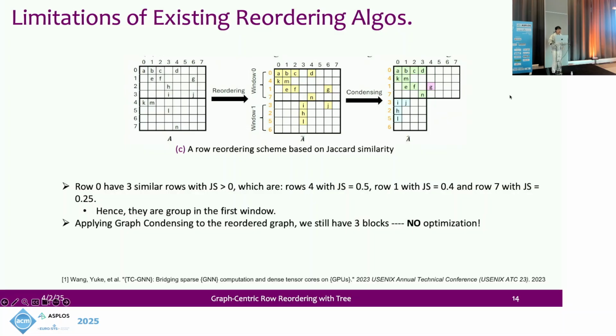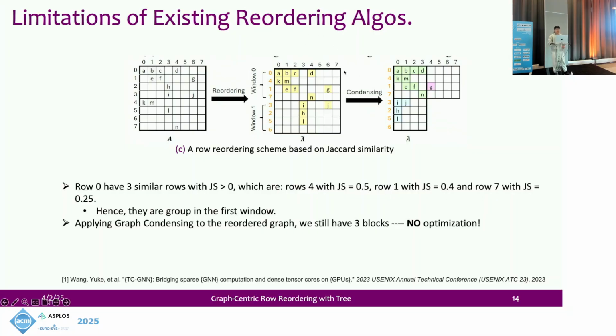However, we found that existing row reordering algorithms are limited. Based on the Jaccard similarity, we can find that row 0 has only 3 similar rows with Jaccard similarity score greater than 0, which are 4, 1, and 7.